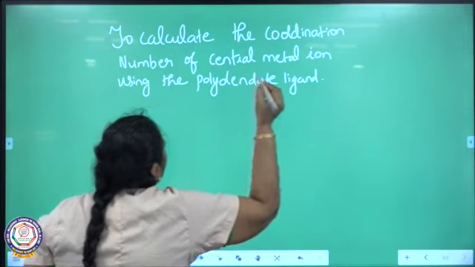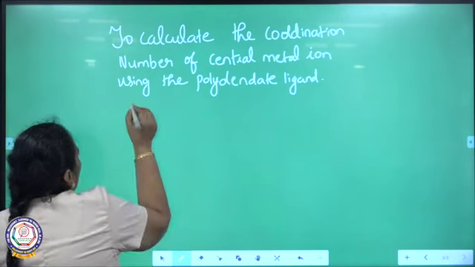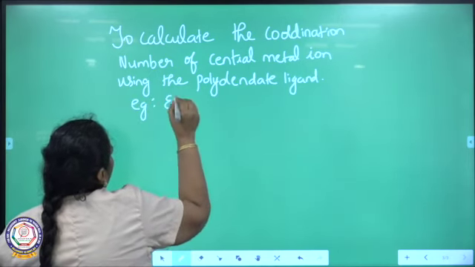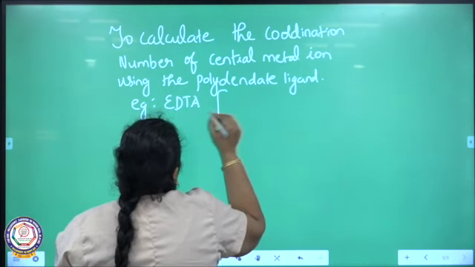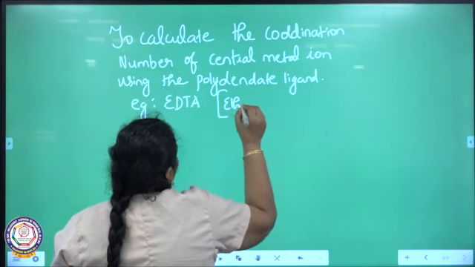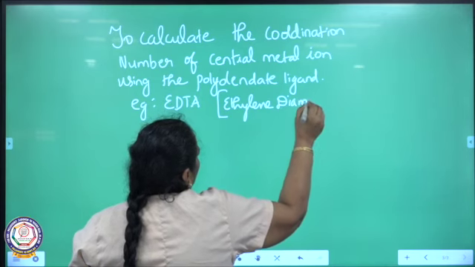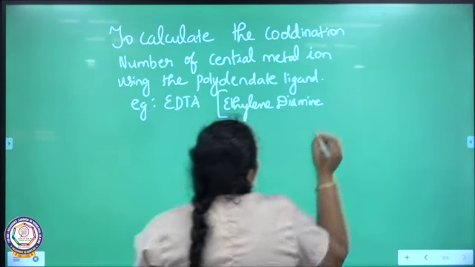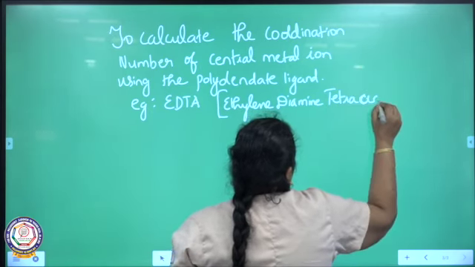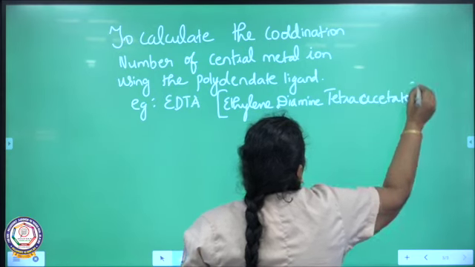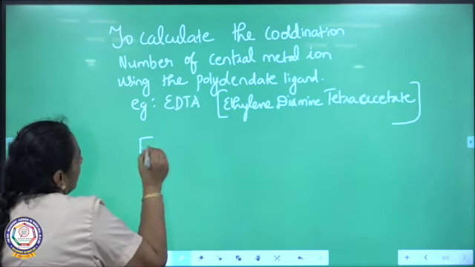Already I defined polydentate ligand, which is nothing but a ligand which has many donor atoms. So the very familiar example I am going to give, EDTA. It is nothing but ethylene diamine tetraacetate. So we are going to see a complex here where iron will be the central metal ion.